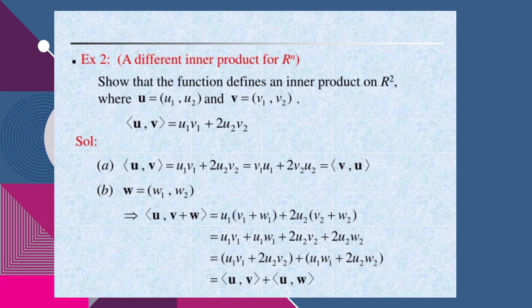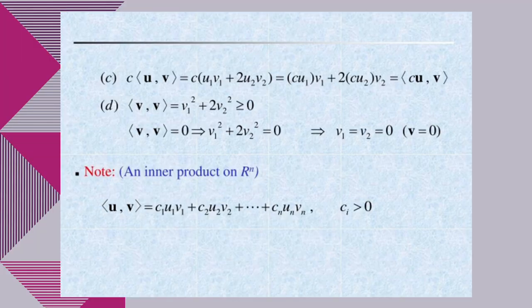For rule A, swapping u and v gives us the same answer, since multiplication order does not matter. For rule B, we test distributing over addition using a third vector w, and after expanding everything carefully, we find that the inner product of u with v plus w is indeed equal to the inner product of u and v plus the inner product of u and w.